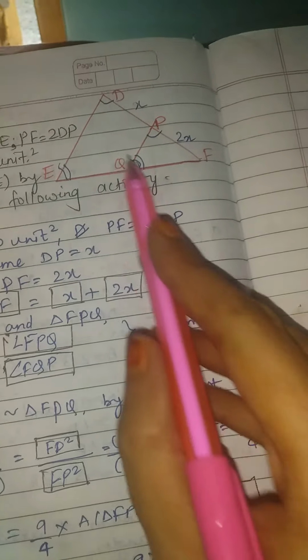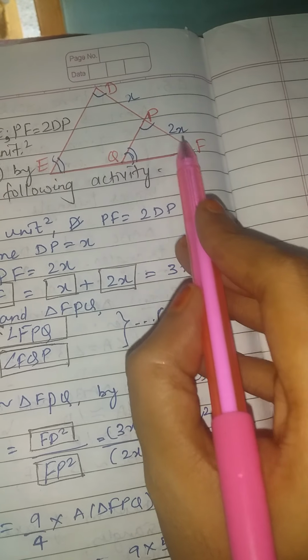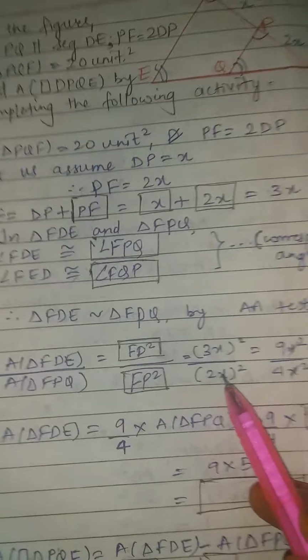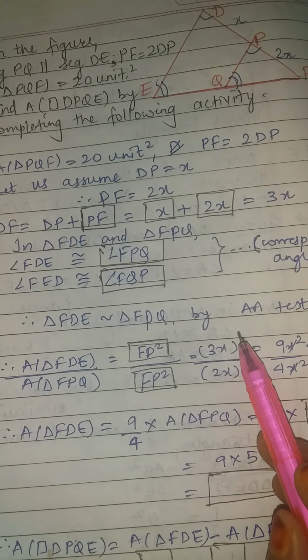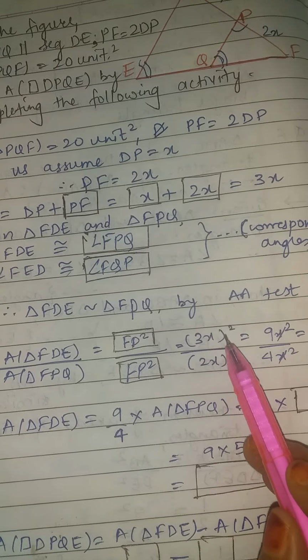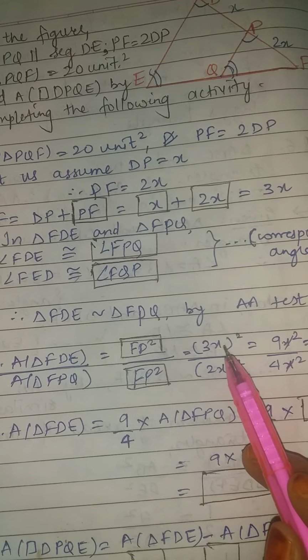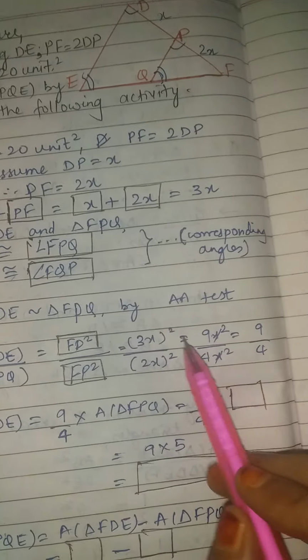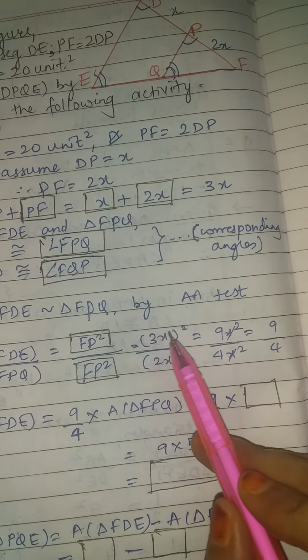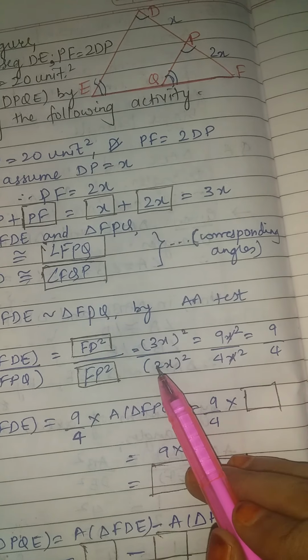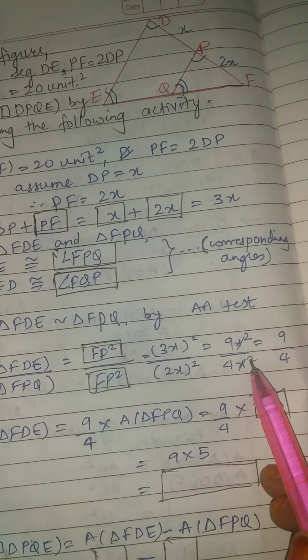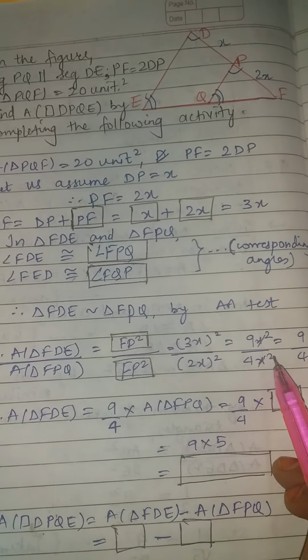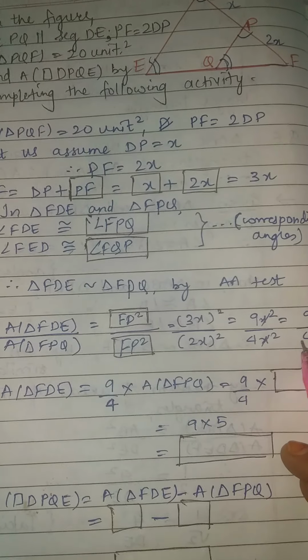So the values are FD is 3x and FP is 2x. So that's 3x the whole square upon 2x the whole square. Kindly do not forget the bracket before putting the squares, otherwise you'll get a wrong answer. So 3x the whole square, that is 3 3s are 9, and then x square over here, 2 2s are 4, that is 4x square. X square will get cancelled and your answer is 9 upon 4.